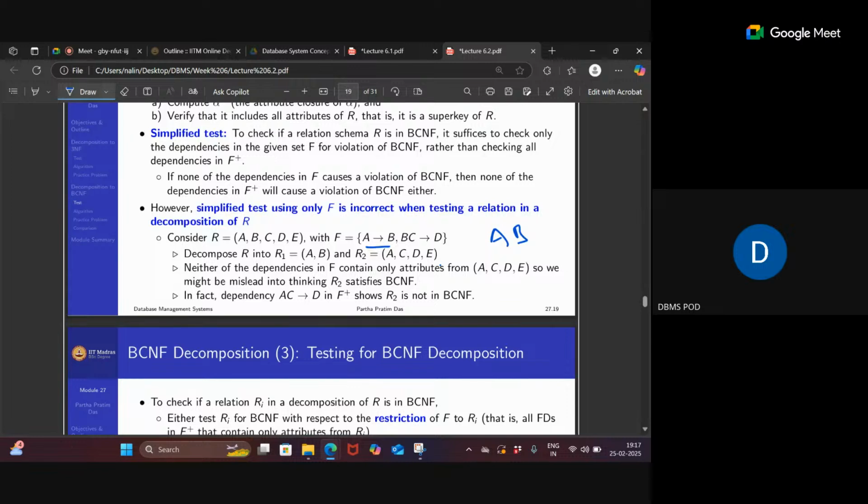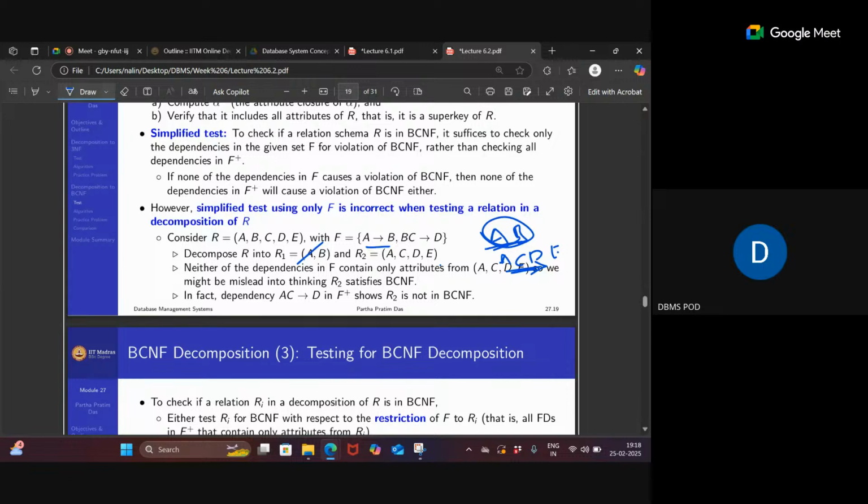Here in the example, it is given ACDE. Now check whether the decomposed relations are in BCNF or not. A determines B is valid because A will be a key, and it is valid to be in BCNF. And BC determines D: are we getting this FD in this decomposition? No, we won't get it, so it is not dependency preserving.